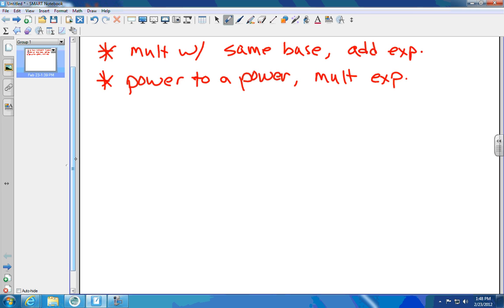The rule for negative exponents, if you have x to the negative 2, we'll actually make that 2 to the negative 2. So your base is 2, you have an exponent that is negative in this case. So all you have to do, it's very simple, to make that positive, you move it to the bottom of the fraction.